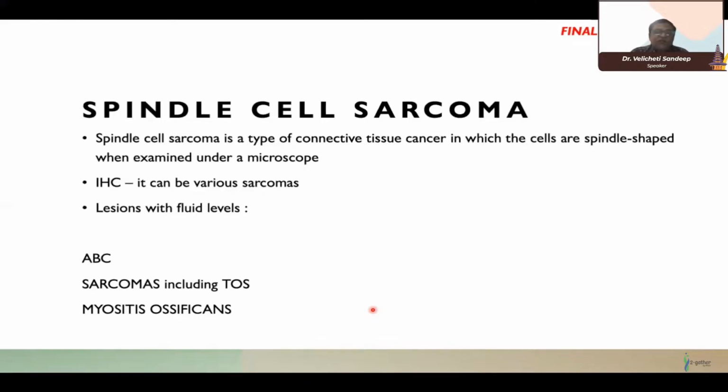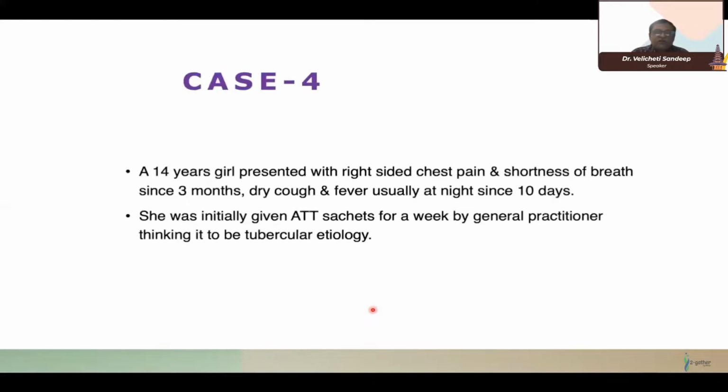And we have recently seen subcutaneous air fluid levels without significant history of trauma, which finally turned out to be myositis ossificans. So there is a long list of 10 conditions where you will find multiple fluid levels that all need to be kept in mind while formulating the differential diagnosis of bone lesion and soft tissue lesion.